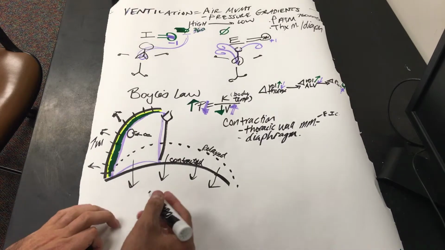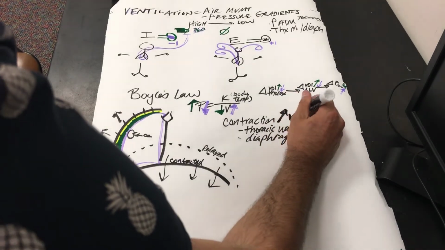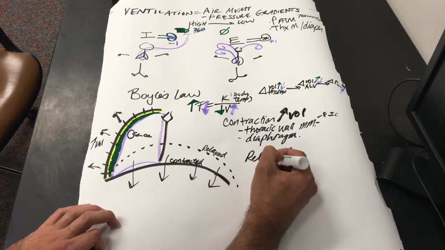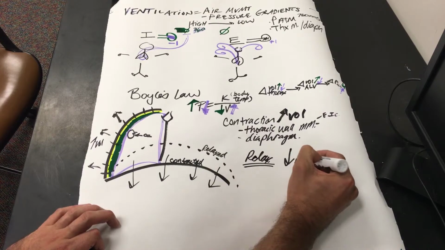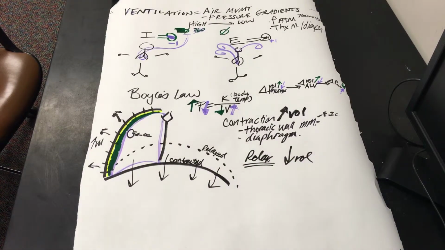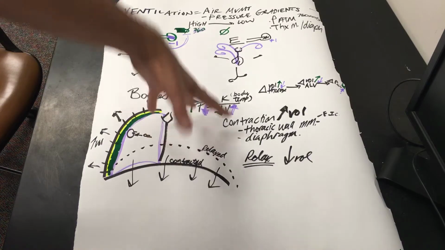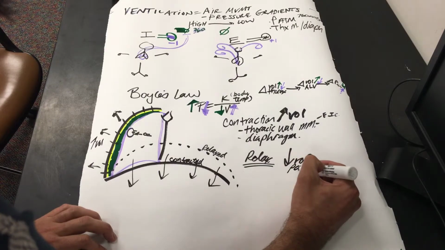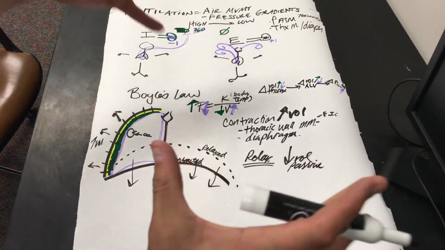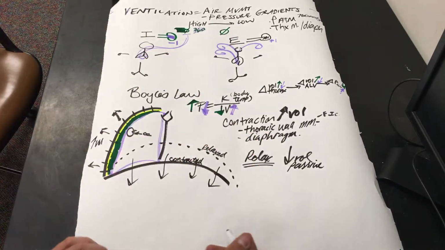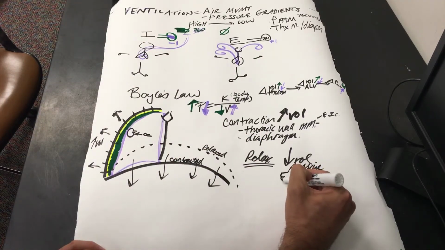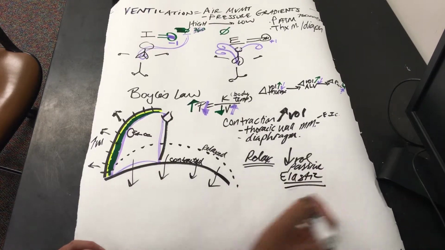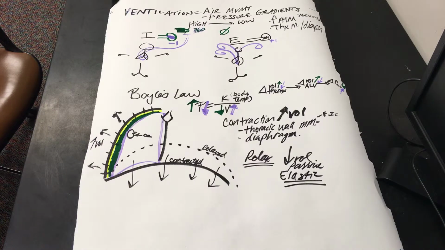And remember that the volume is decreased when those muscles relax. Okay, and so this is an active process. This is contraction. And when they relax, this is a passive process, because what's responsible for the relaxation and the decrease in the thoracic cavity volume is elastic tissue in the lung.